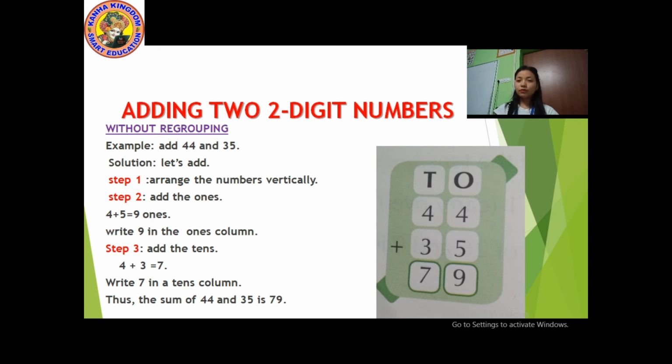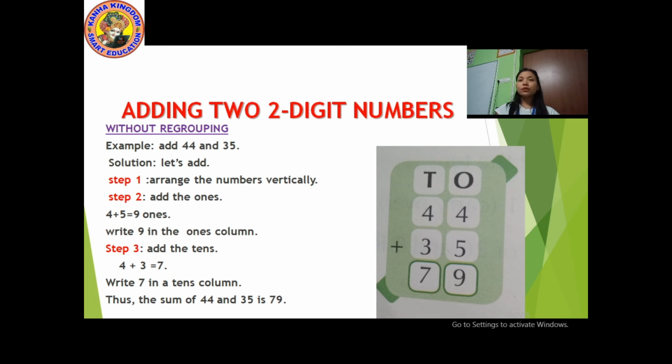The first step of adding two-digit numbers is arrange the number vertically. First, we have to make a place value chart, and after that we have to place the numbers in the place value chart.